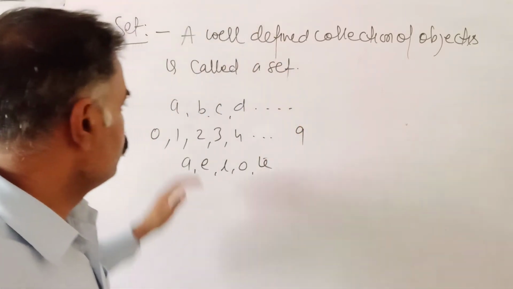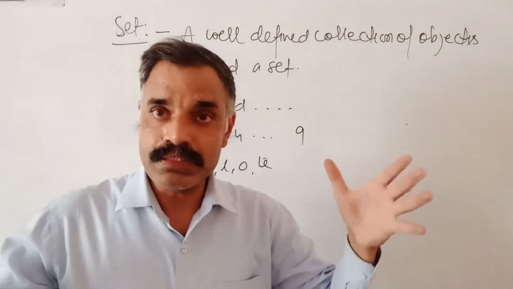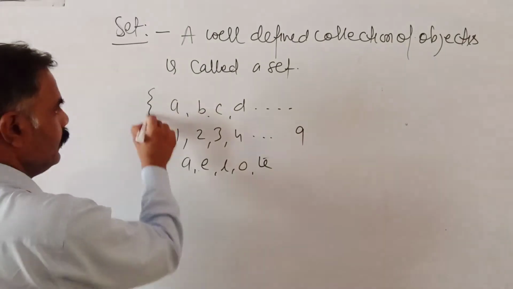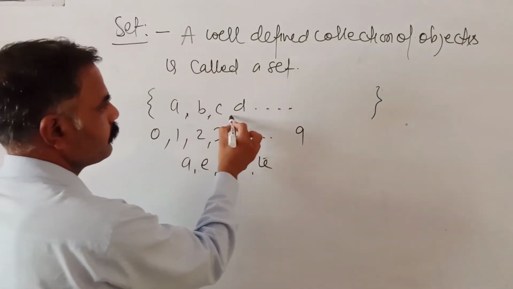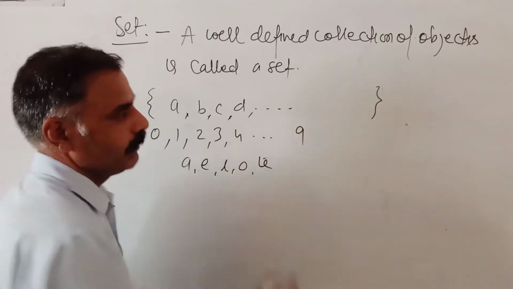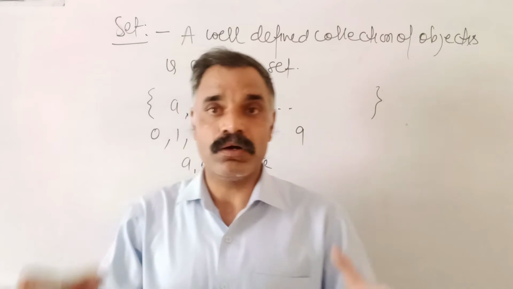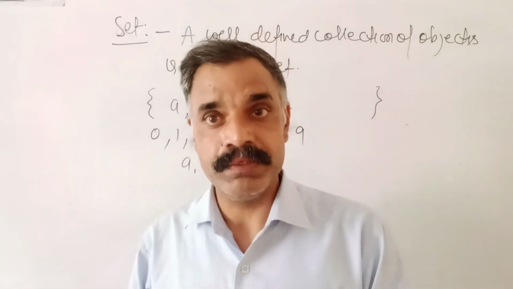Now the elements of a set are put in curly brackets and separated by commas. One more characteristic of a set is that elements do not repeat.